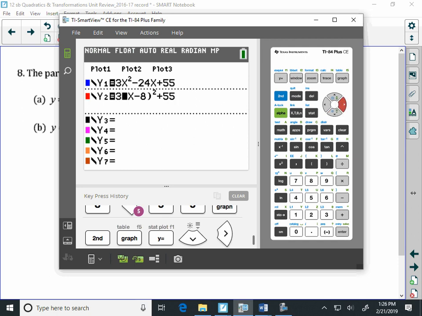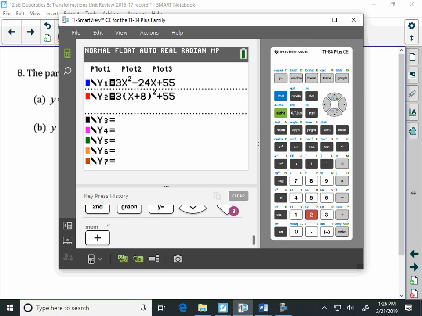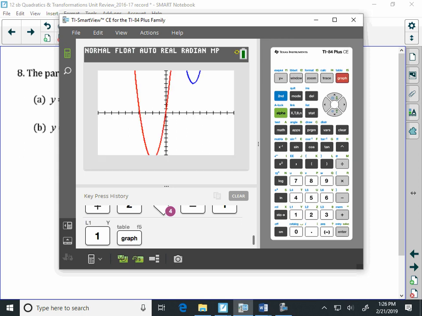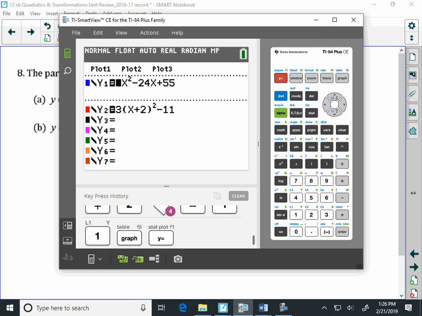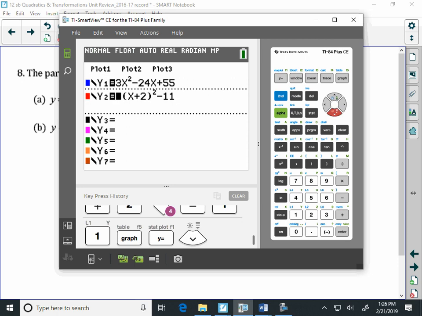It's 3 times x plus 2, and then minus 11, blue, not that one. So it must be D, but let's check and make sure that I didn't make a mistake.